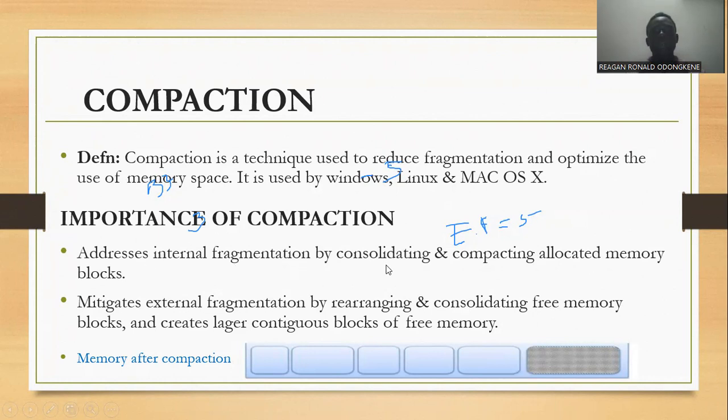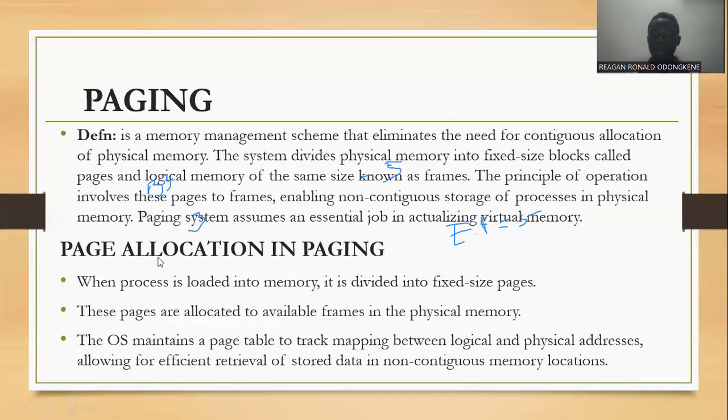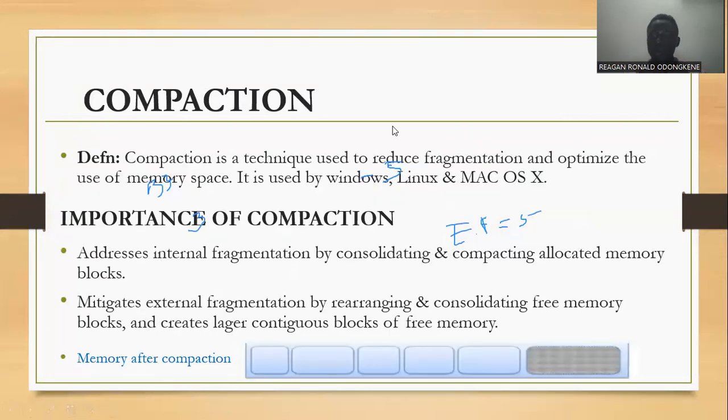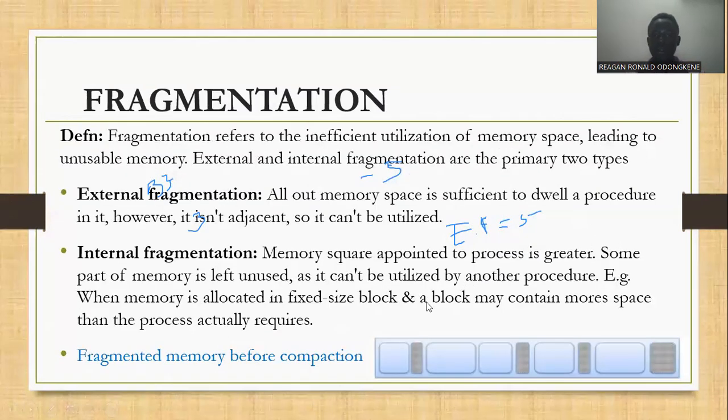It addresses internal fragmentation by consolidating and compacting allocated memory blocks. It also mitigates external fragmentation by rearranging and consolidating free memory blocks, as we were seeing in the previous slide. So this was an image of a fragmented memory block, whereby this is a used memory, this is unused, this is used, this is used, this is unused.